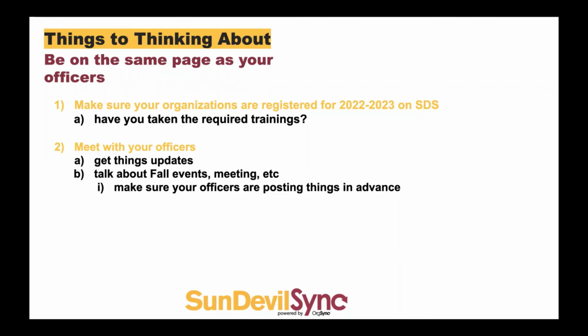Make sure you're encouraging your officers to post things far in advance. That way there is the opportunity for them to be seen if someone's just scrolling through the event page, and it's also a marketing tool. Like I said, this is essentially ASU's social media for organizations. So it's really important to have all that stuff put together.